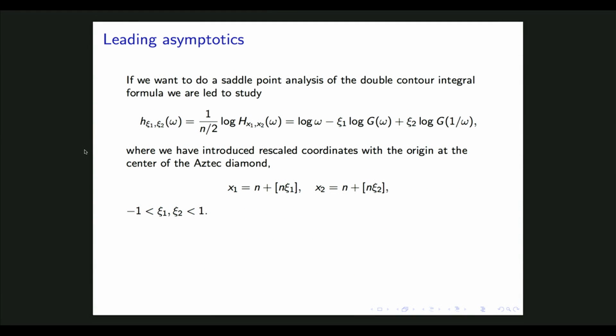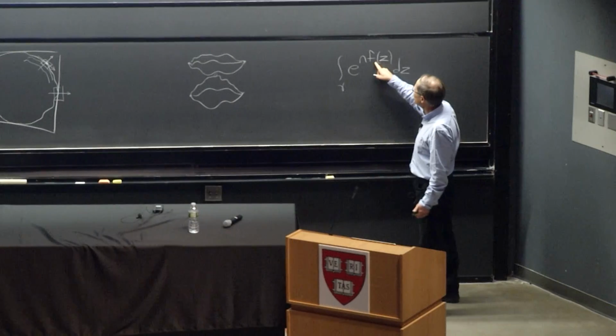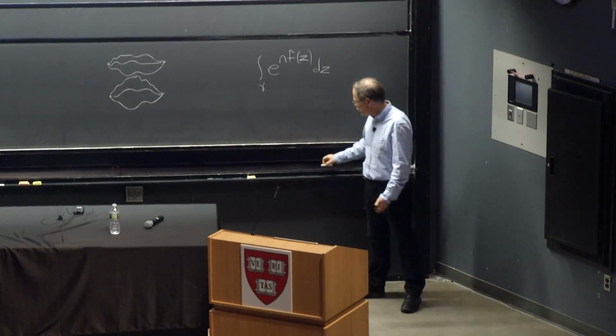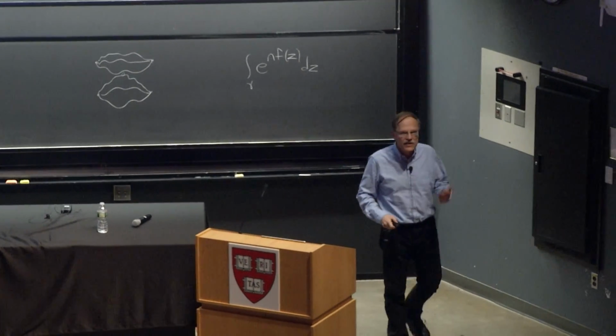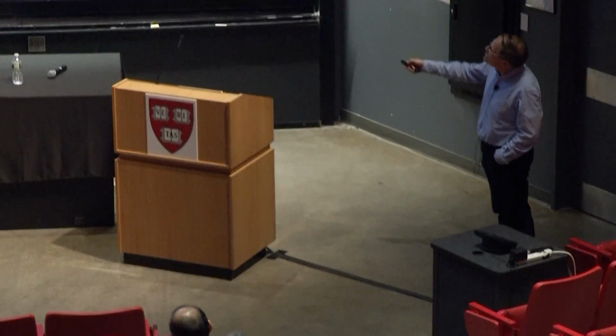So what do you do when you have a typical saddle point argument? You want to have something like this, and then the critical points of this function f of omega here is what determines the asymptotics of this, right? So this is what's been done here.